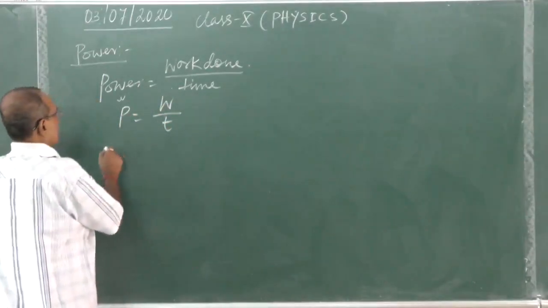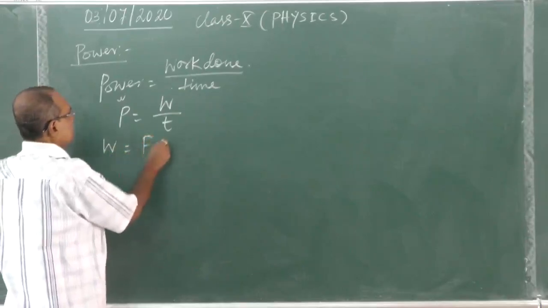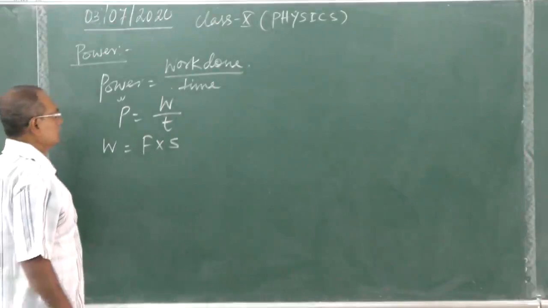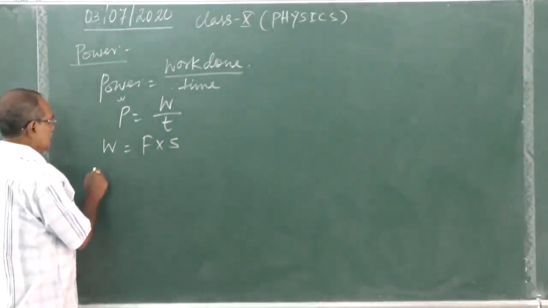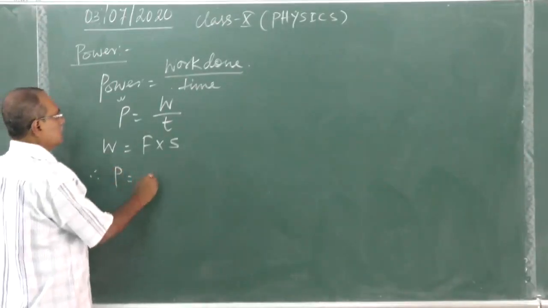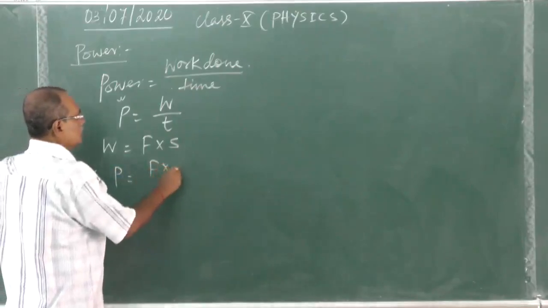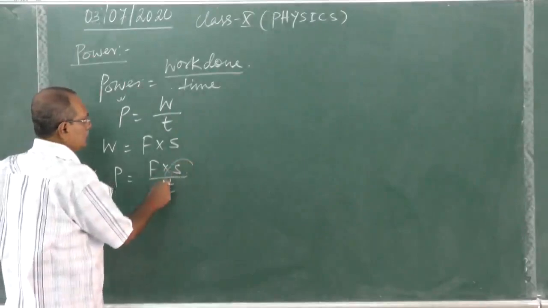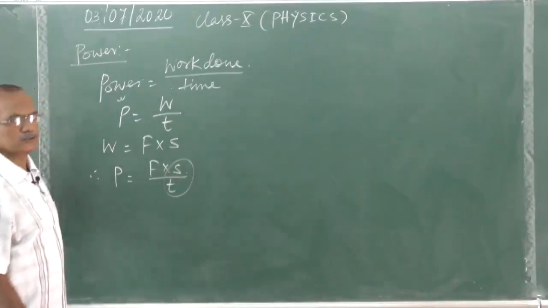Okay. Also we know work done is equal to force into displacement. So therefore power is equal to force into displacement by time. So this displacement by time is average velocity.